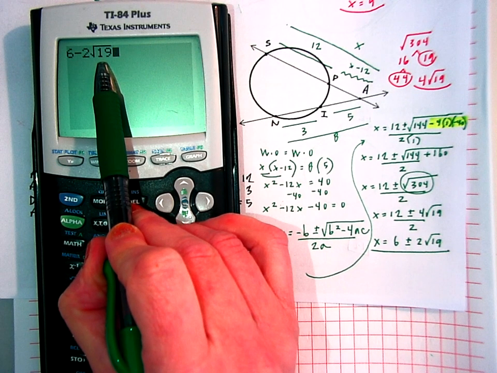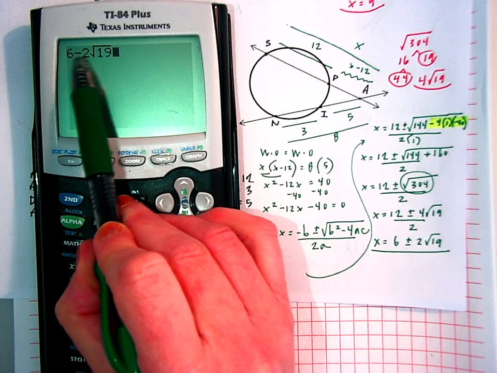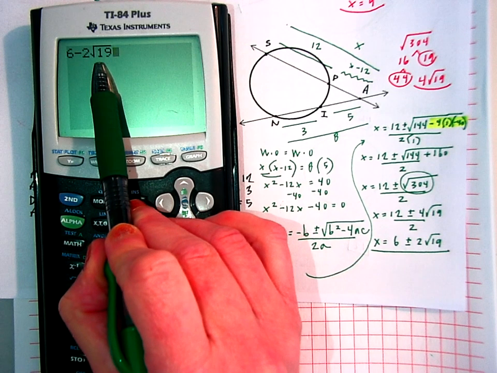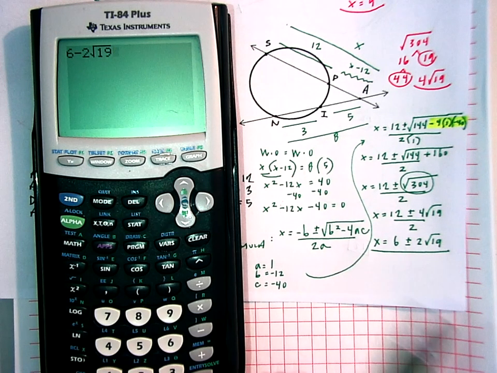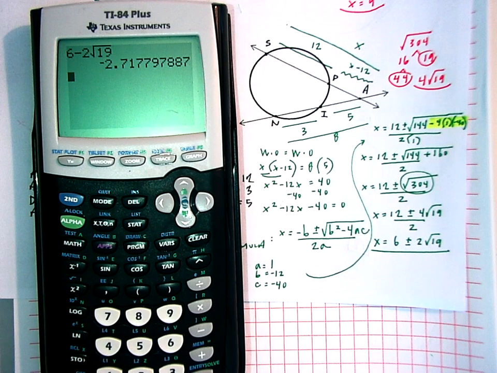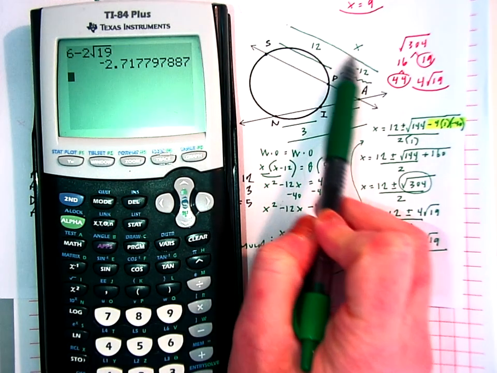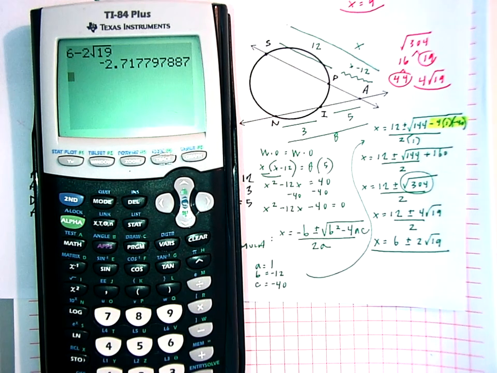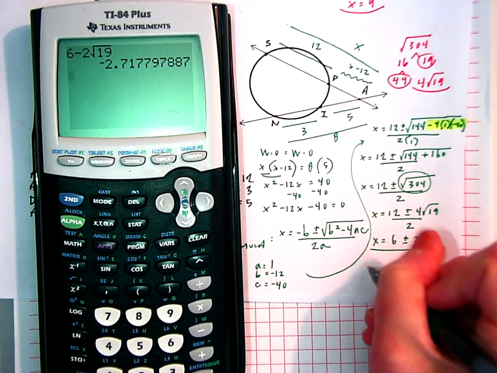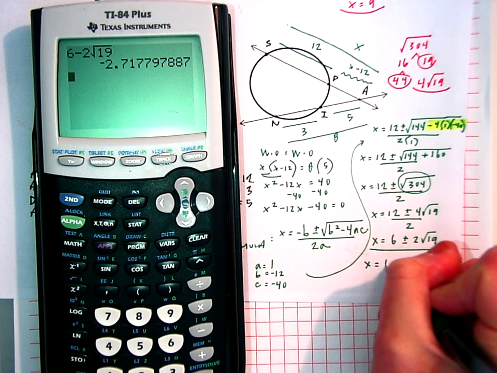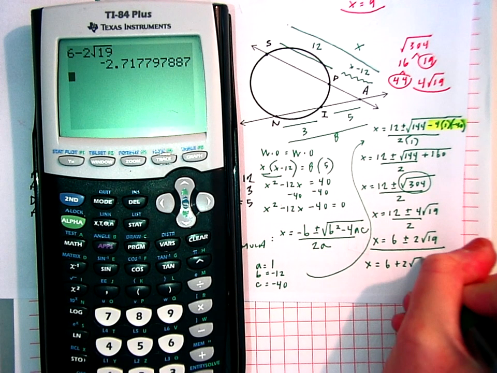So this is going to be 6 minus 2 times something that's a little bit more than 4. I'm going to get a negative number right here, and I get negative 2.72. And I know that a negative number in this context does not work. I can't have this part being a negative number. I am only interested in the positive. So my answer would be 6 plus 2 times the square root of 19.